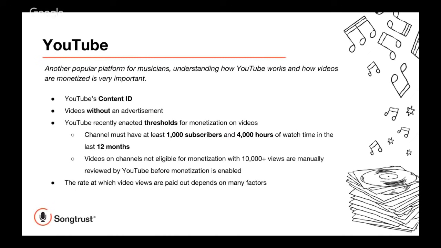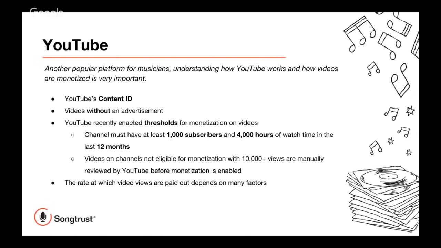But essentially, for a video to be eligible to be monetized, it has to be on a channel with at least 1,000 subscribers and 4,000 hours of watch time in the last 12 months. Videos on channels smaller than that, if they hit 10,000 views, are manually reviewed by YouTube's team to see whether monetization can be enabled on that video. And so, those might be able to be monetized as well.